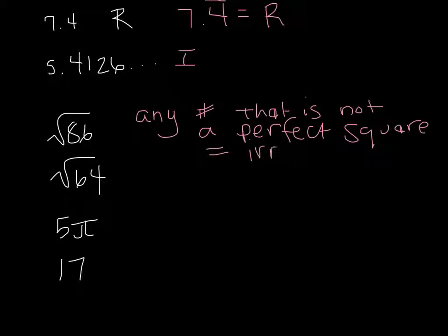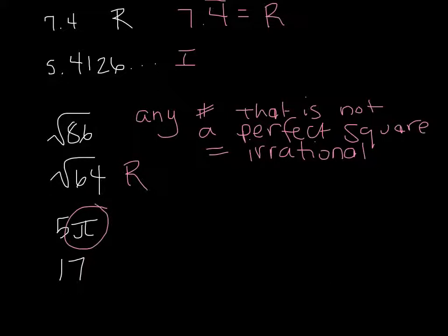So the square root of 86 is not a perfect square, therefore it's irrational. However, for the square root of 64, 8 times 8 is 64, so it is a rational number.